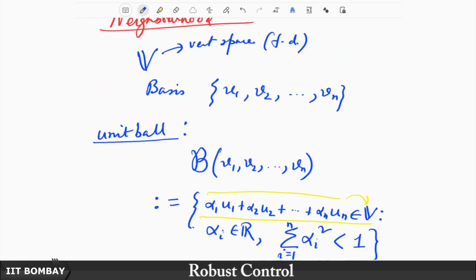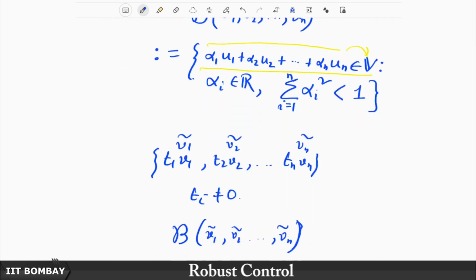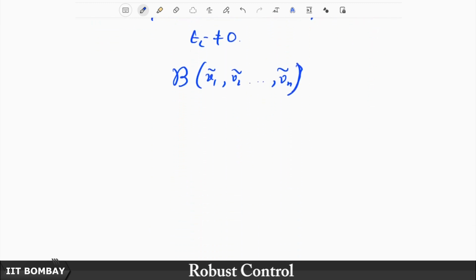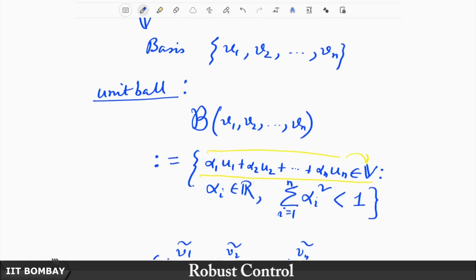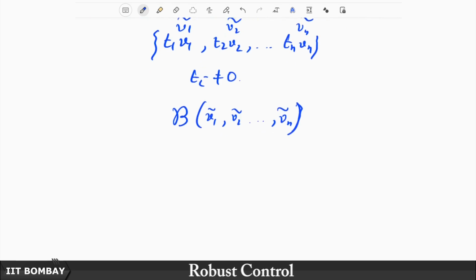So this idea of unity is pretty loose in that sense. You can play fast and loose with this, because I have never restricted these vectors to be either orthogonal or even normal. A very important notion. So this unit ball, this set that I have defined here, is basis dependent; it depends on the choice of basis that you make.